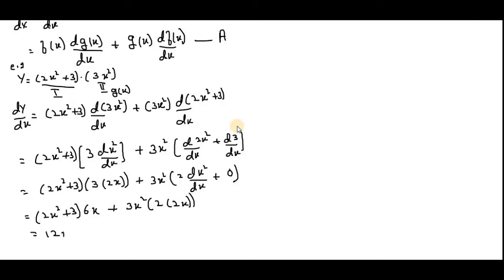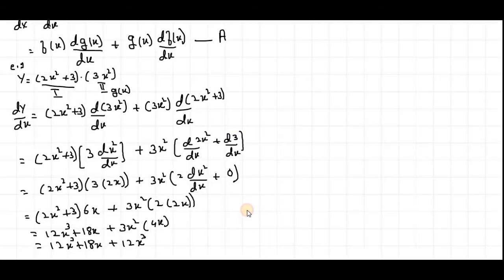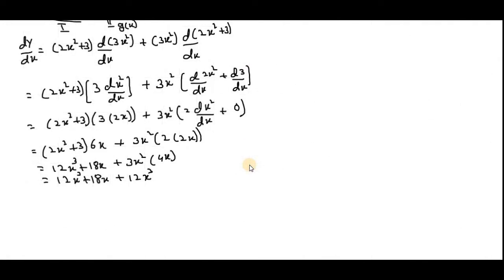Now multiplying 6 inside the terms, so we get 12x cube plus 18x plus 3x square, and this is our 4x multiple. Now finally 2x cube plus 18x plus 12x cube.